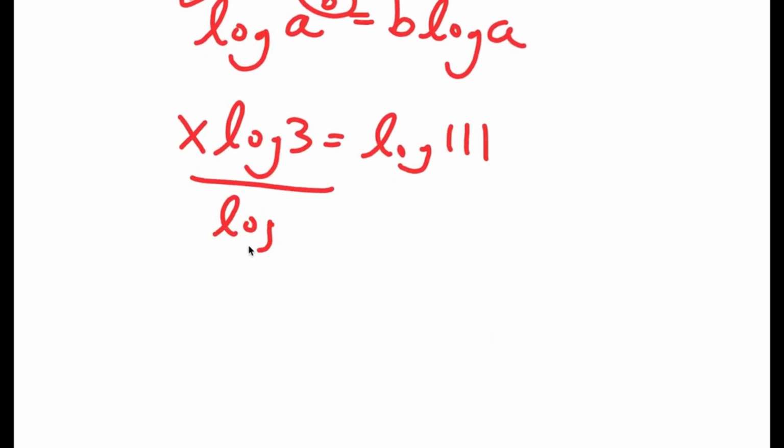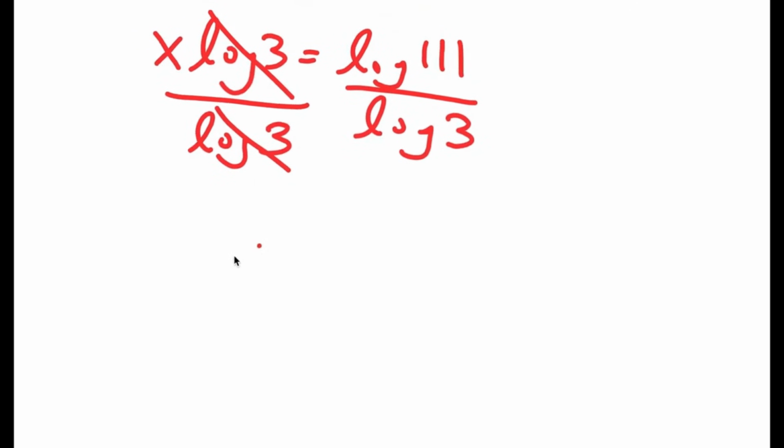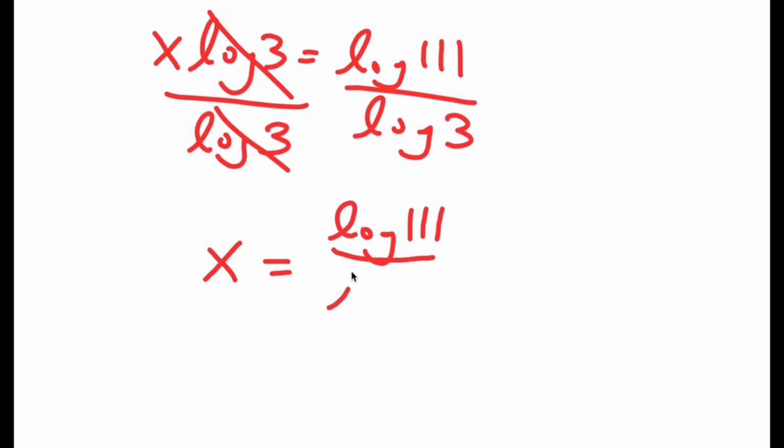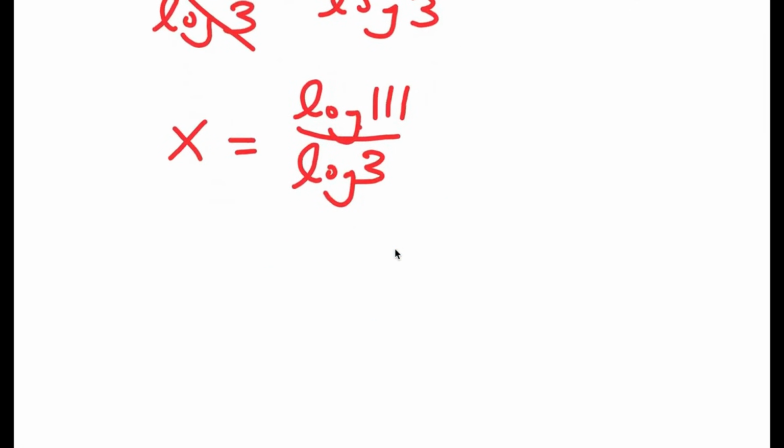Now if I divide both sides by log 3, these two cancel out, and I get x is equal to log 111 over log 3. Now, I can write my solution in two ways. The first of which is to actually divide log 111 by log 3.